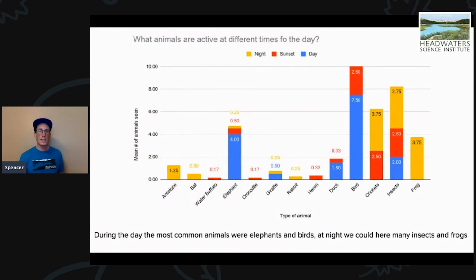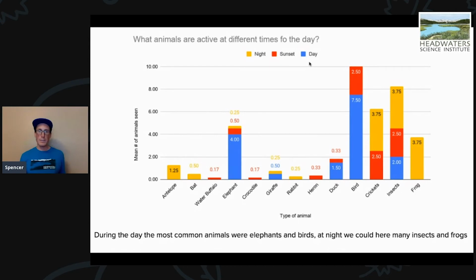So, what did we find? Let's take a look at the types of animals we saw first to give you an idea as to what we're thinking about. So here we have the average number of animals we saw per trial during the night, sunset, and day.